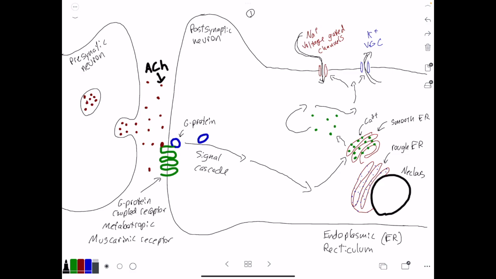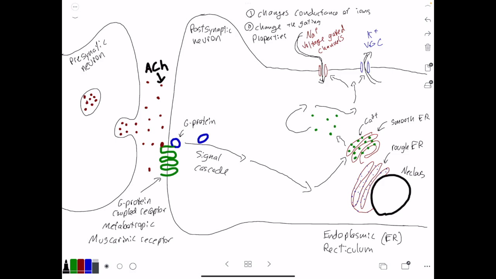So that's one, it changes the conductance of ions. And two, it can change the gating properties. And so in addition to altering how many ions can go through, it can also alter when they turn on.